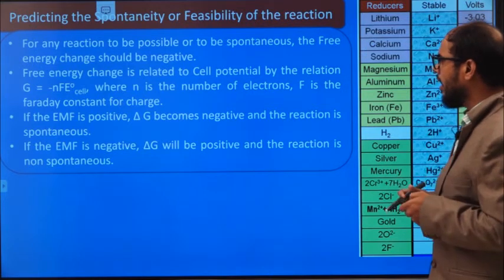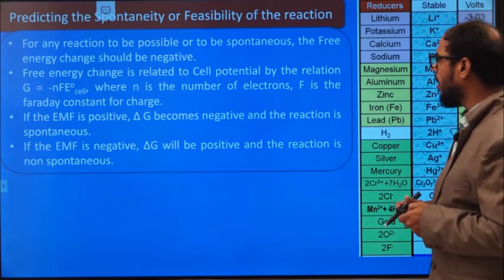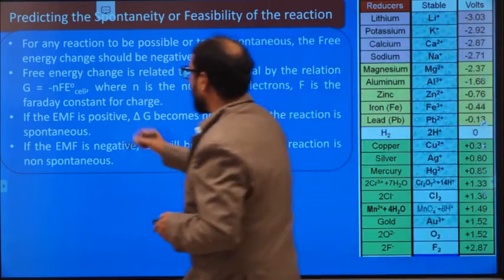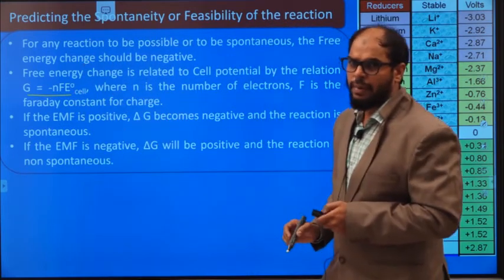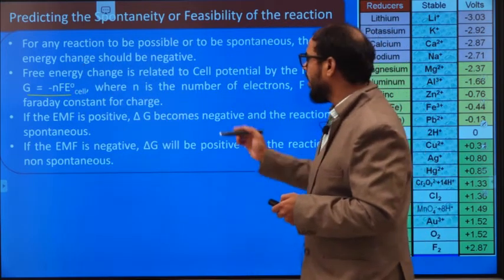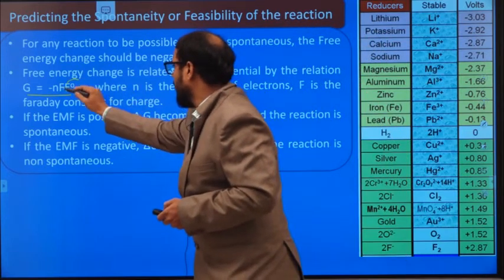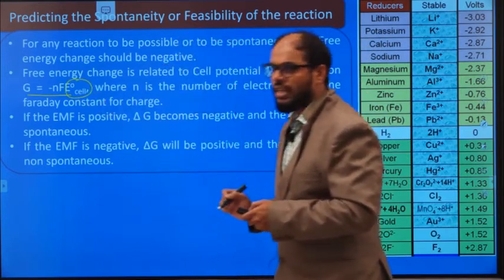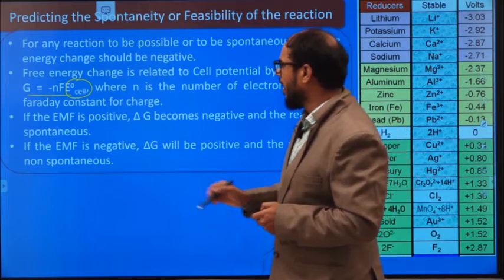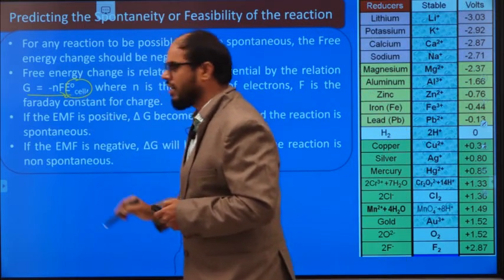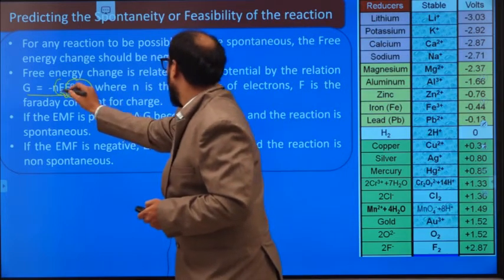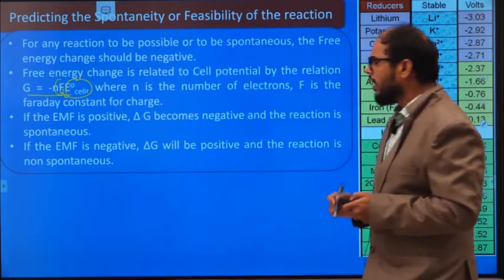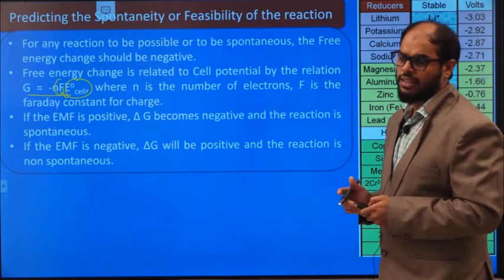To understand whether the reaction is spontaneous or not, we have to work out this equation, where the free energy is equal to minus nFE naught cell, where E naught cell is the reduction potential at standard condition, F is the Faraday constant, which is 96500, and n is the number of electrons transferred during the reaction.